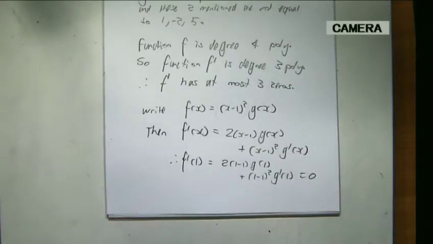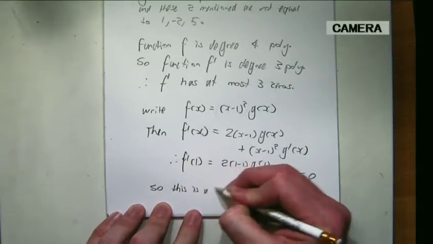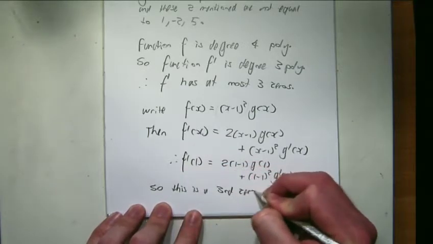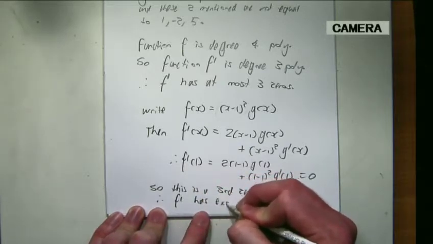So we found another 0, which is equal to 1. And the zeros that we already found, we knew were not equal to 1 or minus 2 or 5. So this is a third 0. Therefore, f dashed has exactly 3.